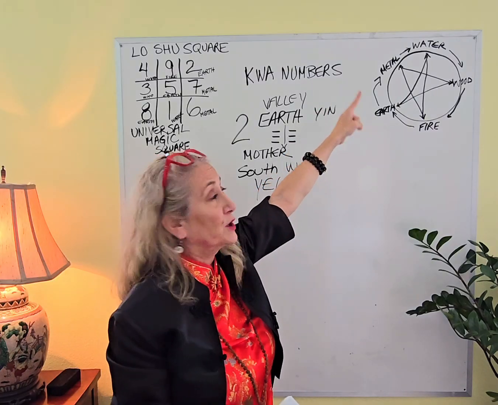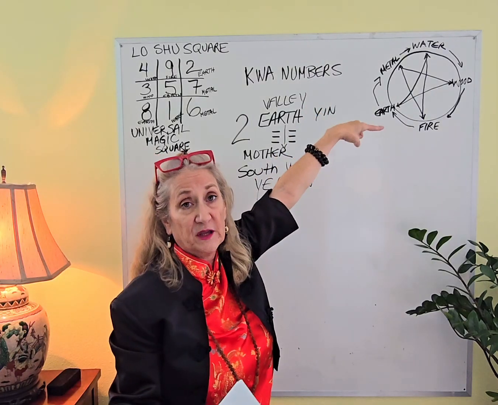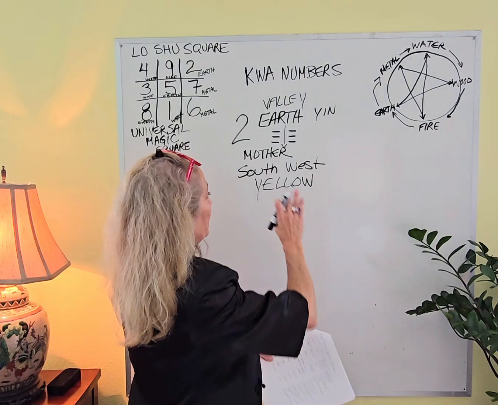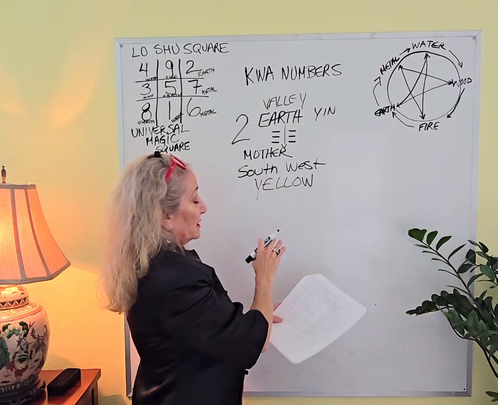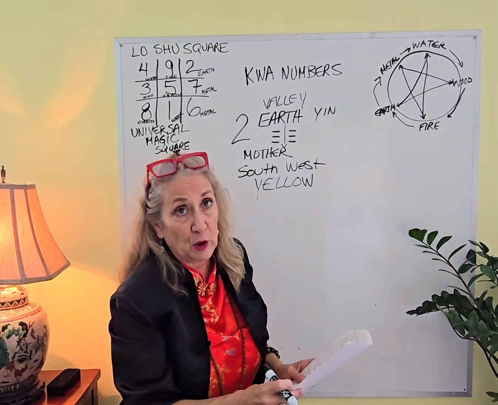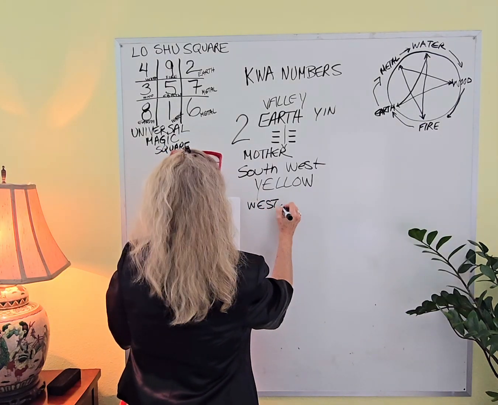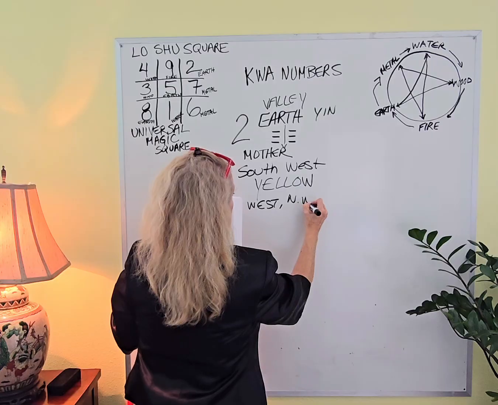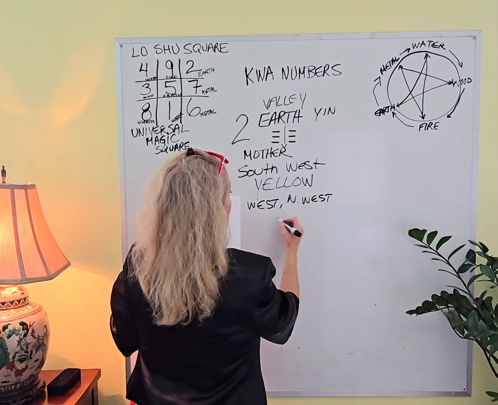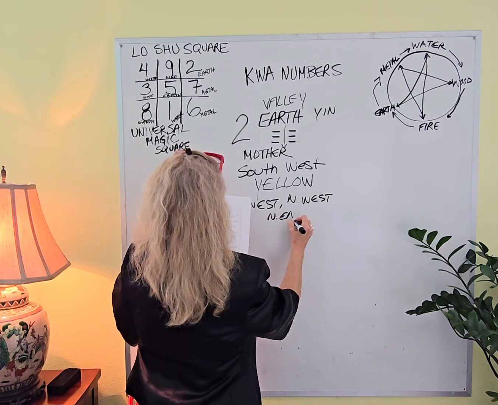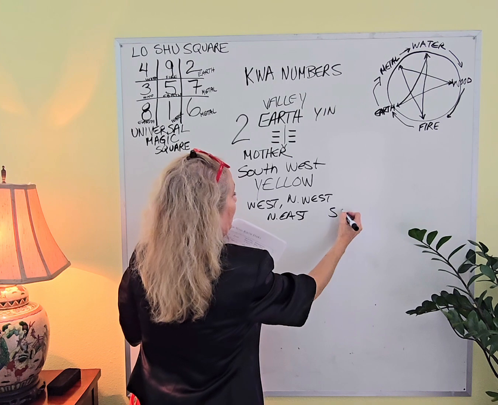Remember in the other video when we did the cycles of the elements, right? So if it doesn't relate, some of the other harmonious directions you can use are west, northwest, northeast, and south.